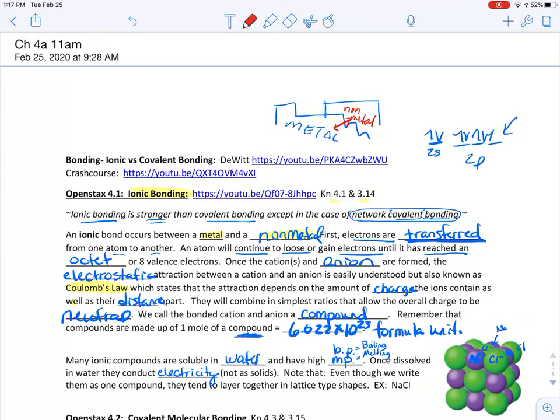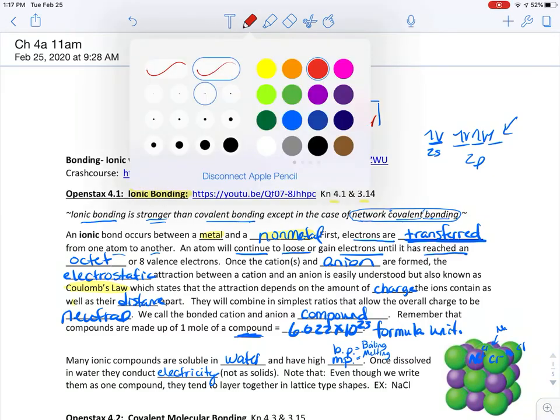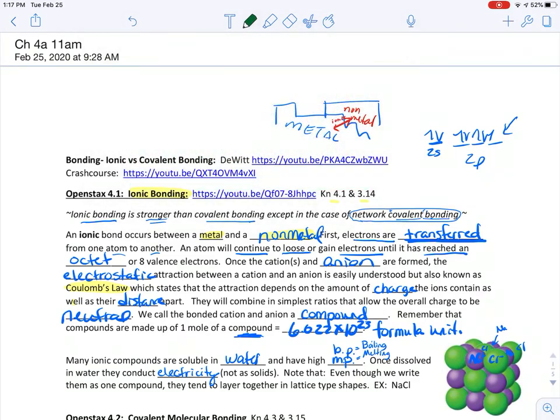So when you're crossing the line and doing bonding, that's ionic. If you're staying within one section, that's going to be covalent. So if you need a picture of reference, anything that crosses over the line is ionic, between a metal and a non-metal.